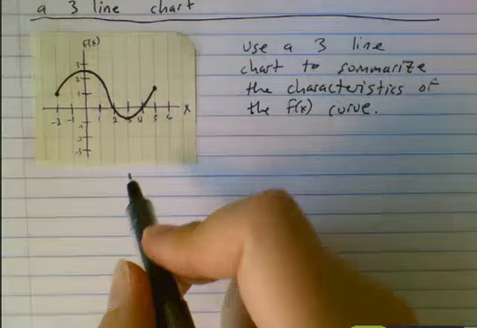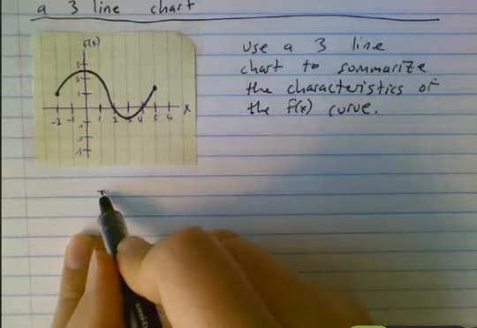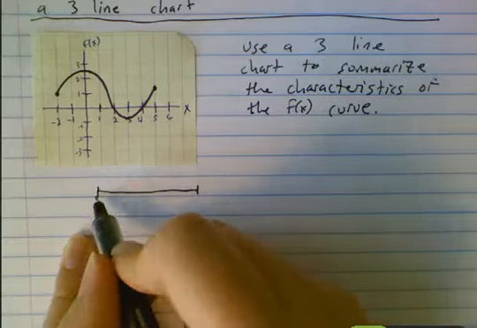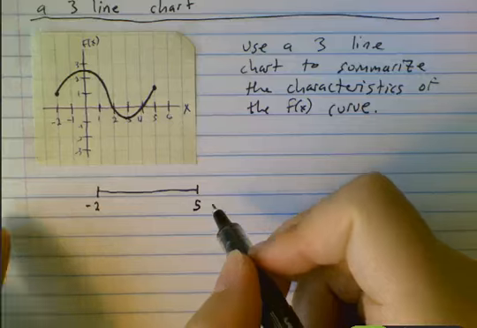So we're going to draw three lines, hence the name. And we're starting at x is -2. We're ending at x is 5.